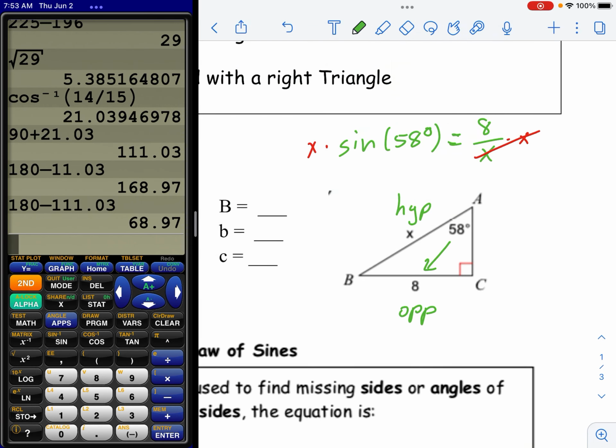Then I've got x times the sine of 58 equals 8. And at this point, I just want this to go over here with the 8, so I'm going to divide both sides by sine 58.